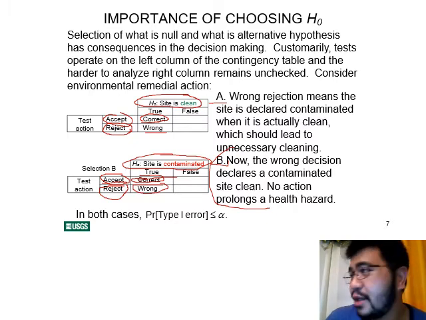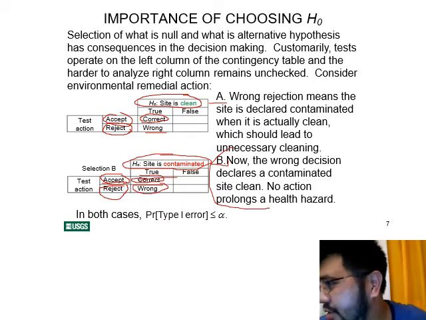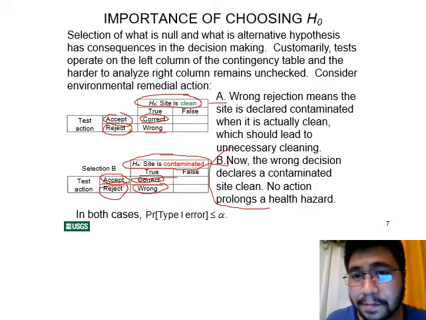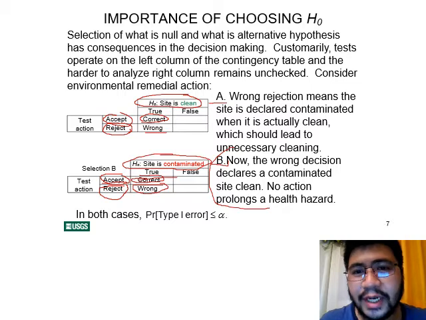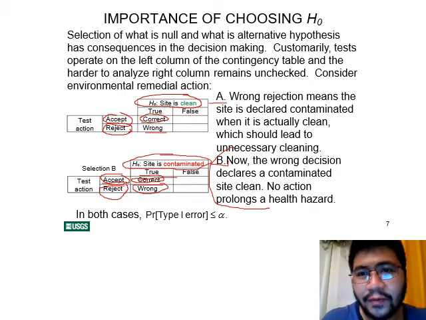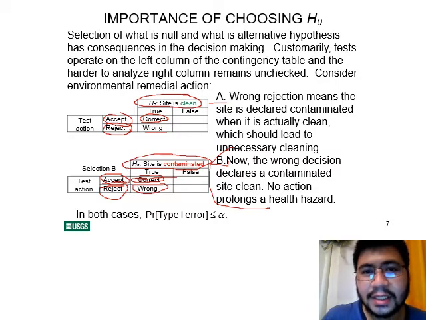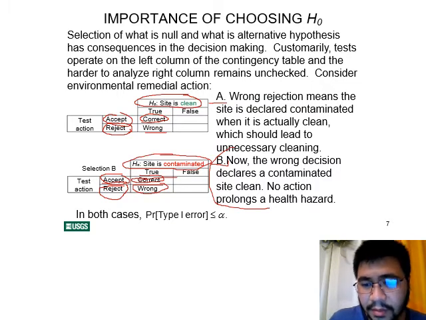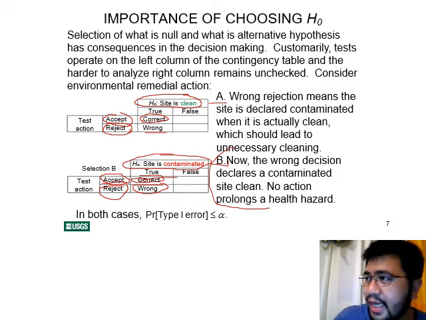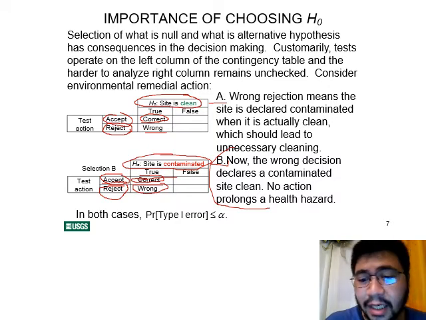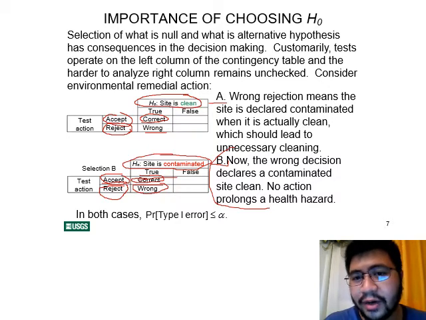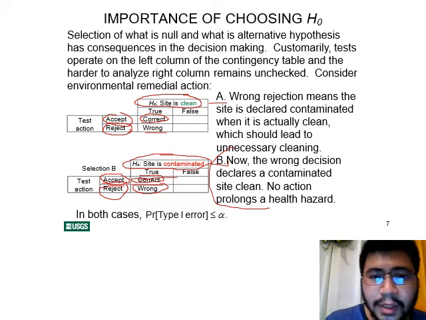Choosing the null hypothesis is not a straightforward situation, and you have to account for the consequences of the actions arising from the result of the test. Okay, so that's how we deal with the null hypothesis in a problem solving or practical scenario.